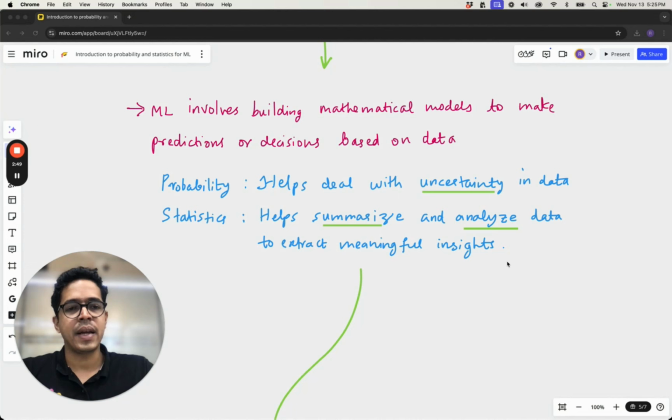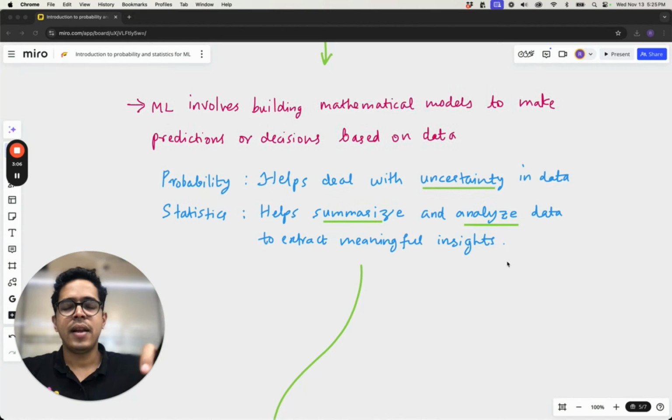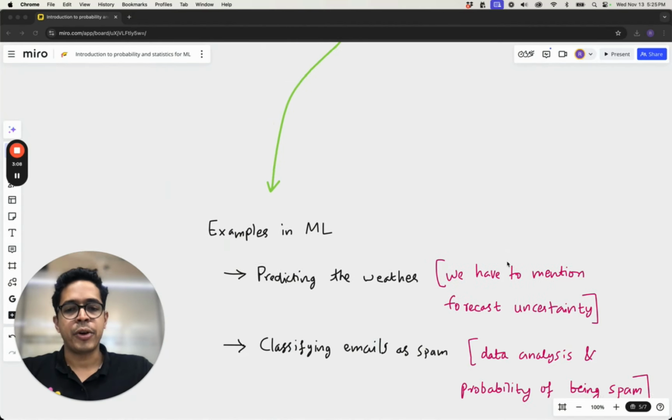It's a very, very big and difficult topic. If you have learned probability in grade 12th, you would know that it's definitely not an easy subject. Students typically tend to score really low in probability. I have seen that very, very often. But we will be learning probability from an ML point of view.